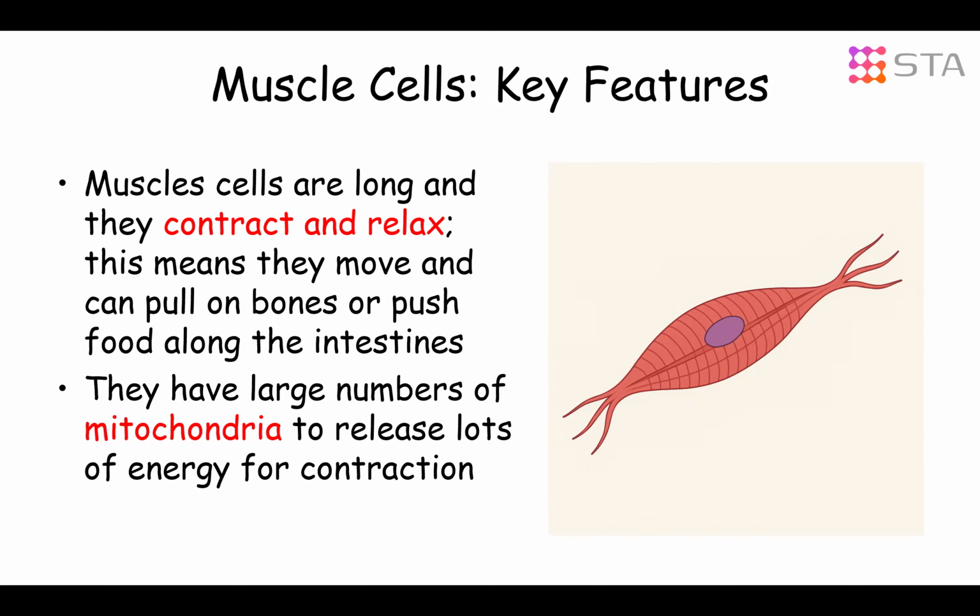When they contract, because they're joined with tendons onto bones, it means that they can pull bones. So when the muscle cells in your biceps contract, it means you can use your hands and arms to lift things, or you can pull.